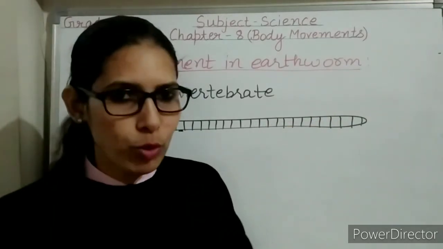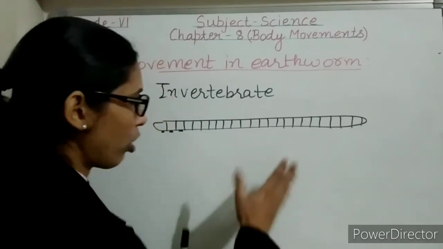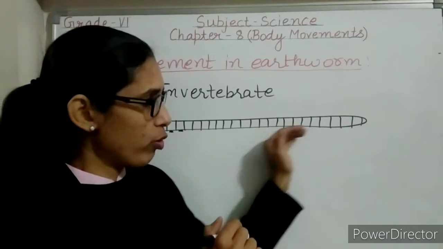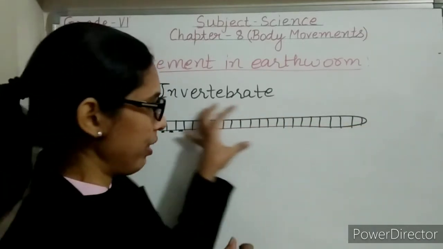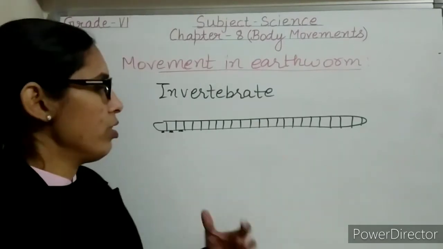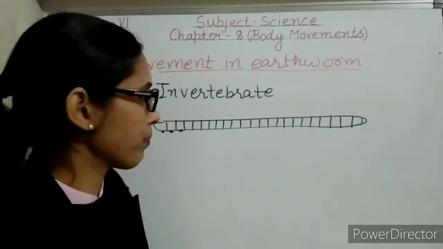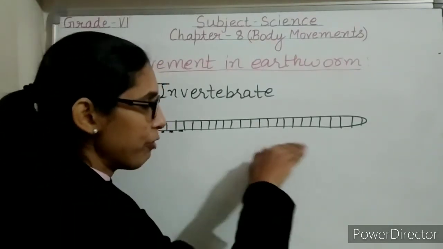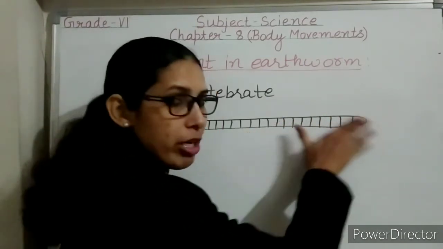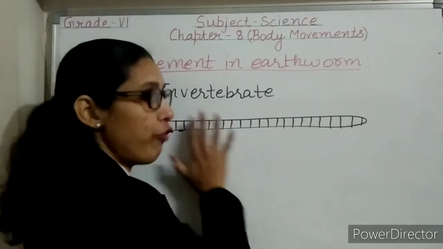So how does earthworm move? Let's imagine it in two parts. Let's say if earthworm is moving in that direction, it is the front part, and this is the rear part. Rear part means the back part. So earthworm first extends its front part, keeping its rear part fixed.